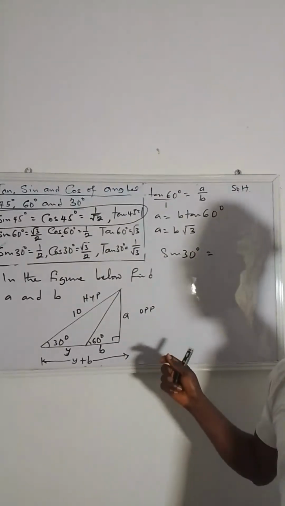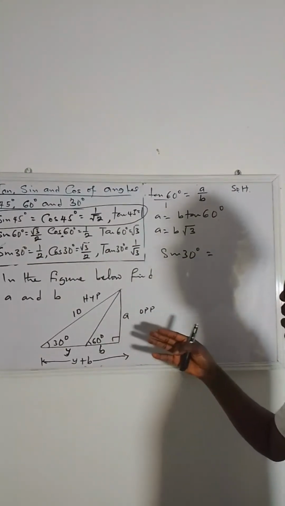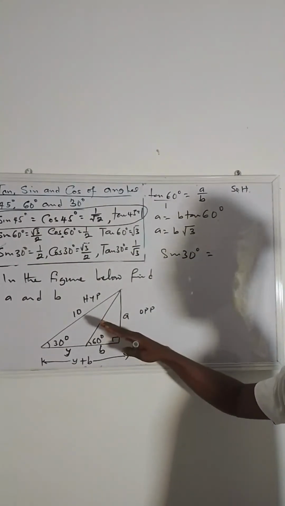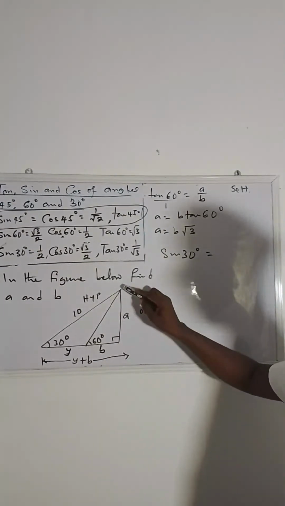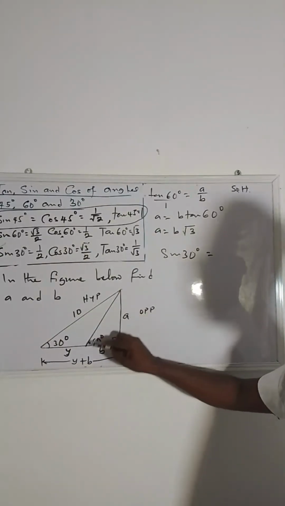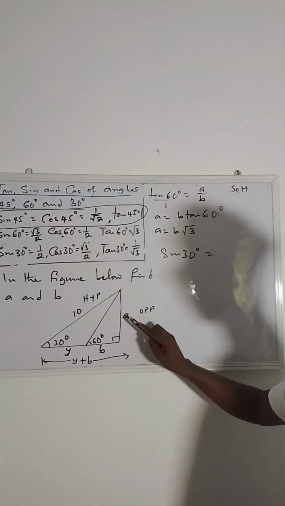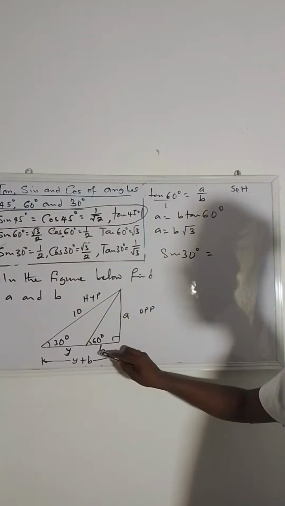Okay, I want to believe you can hear me now. All right, so let me quickly go through what I just said. I'm considering the first triangle, which is the smaller triangle, that is opposite and adjacent.